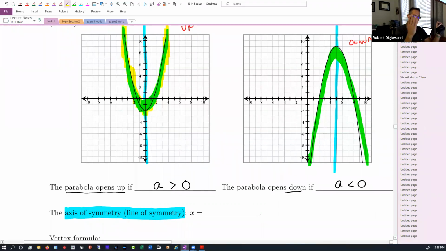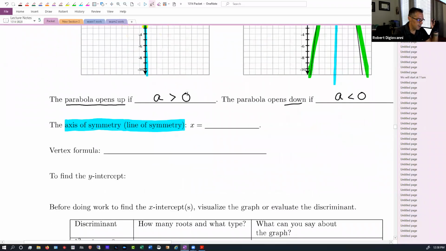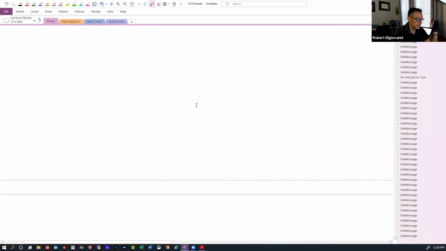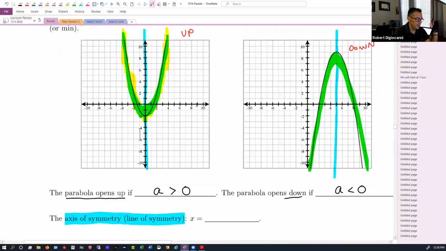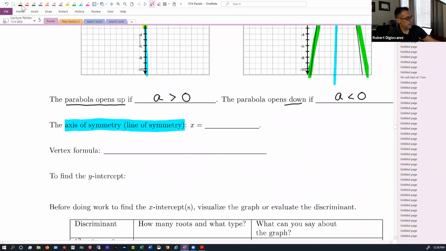So it's like a little mirror. We call it the axis of symmetry. There's a way to get the axis of symmetry. It's not super simple. I will explain it in a second. I'm going to leave this as an open question, where we get that.